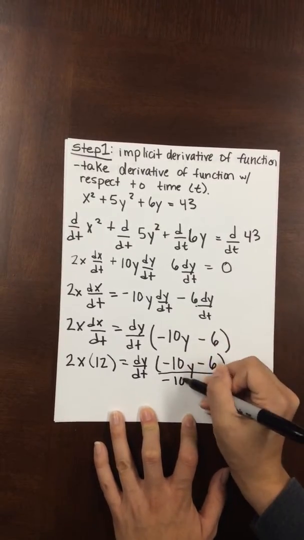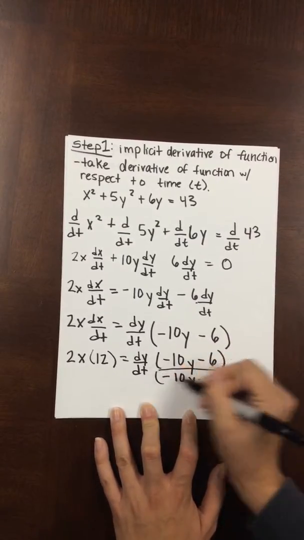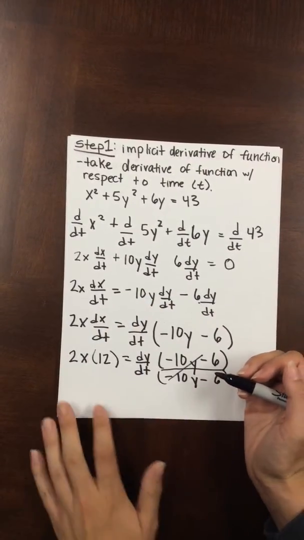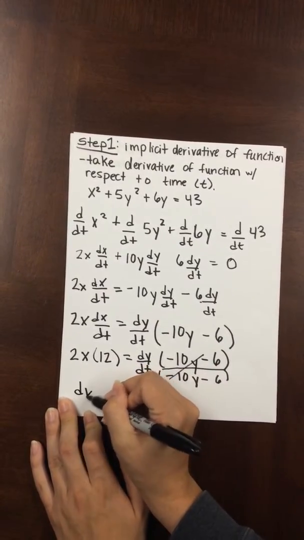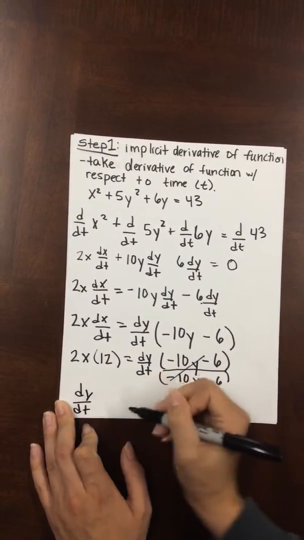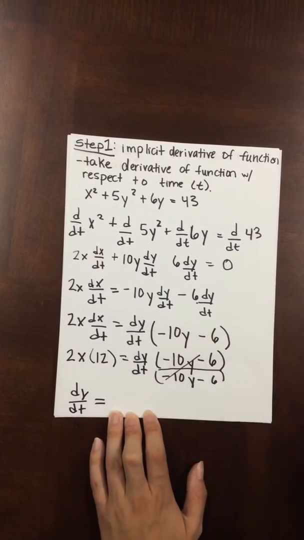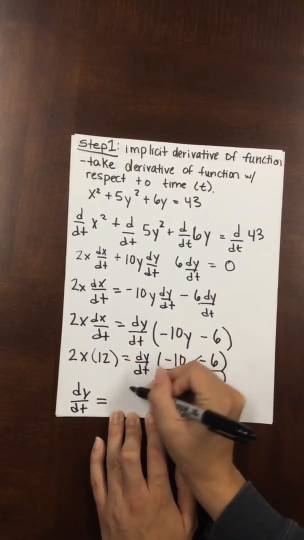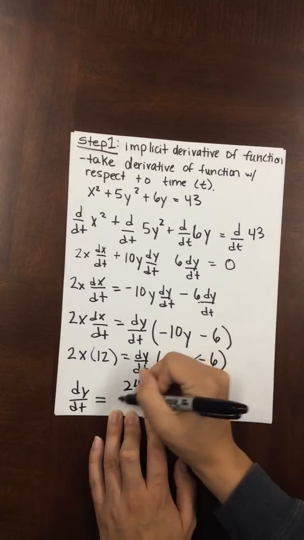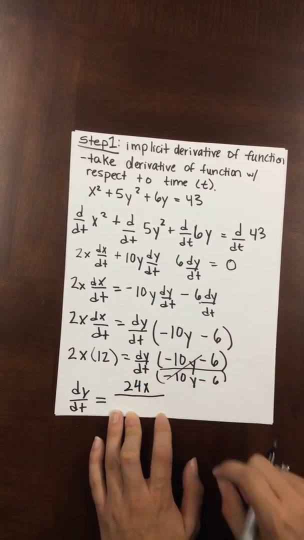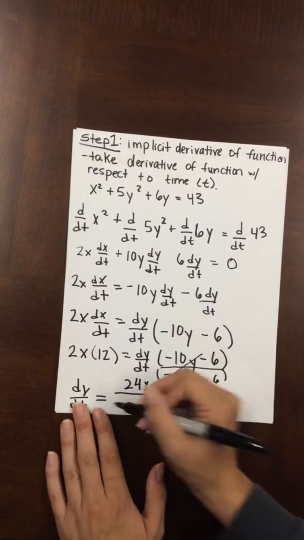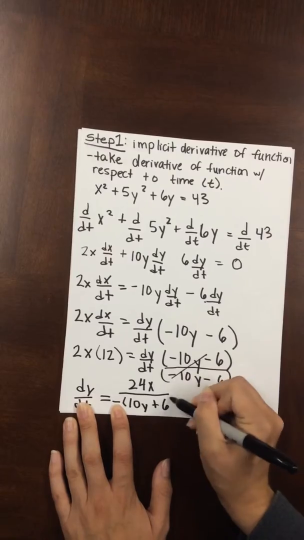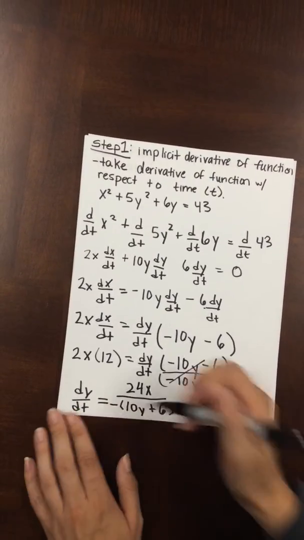So dy/dt is equal to, on the numerator, 24x, and on the denominator, what we divided by, the negative 10y minus 6. I'm just going to pull out the negative and make it negative of 10y plus 6, because it's still negative 10y minus 6.